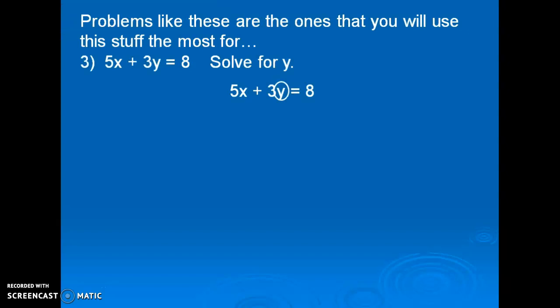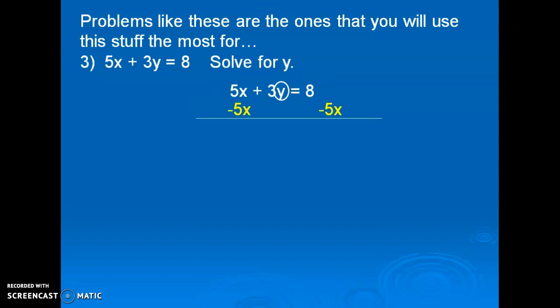Most of the problems we're going to be dealing with in this section are going to be like this. We're going to solve for y. So if you notice, we rewrote the equation. We have 5x plus 3y equals 8, and I circled the y because that's what we're solving for. So we need to undo what's being done to that y. We're going to undo in the opposite order that we would do them if we substituted something in. So the first thing we need to undo is the 5x, subtracting 5x from both sides.